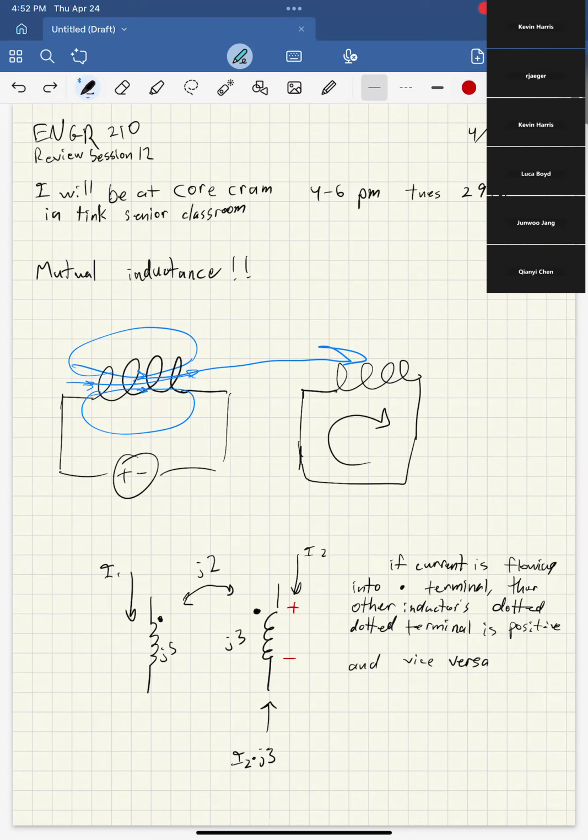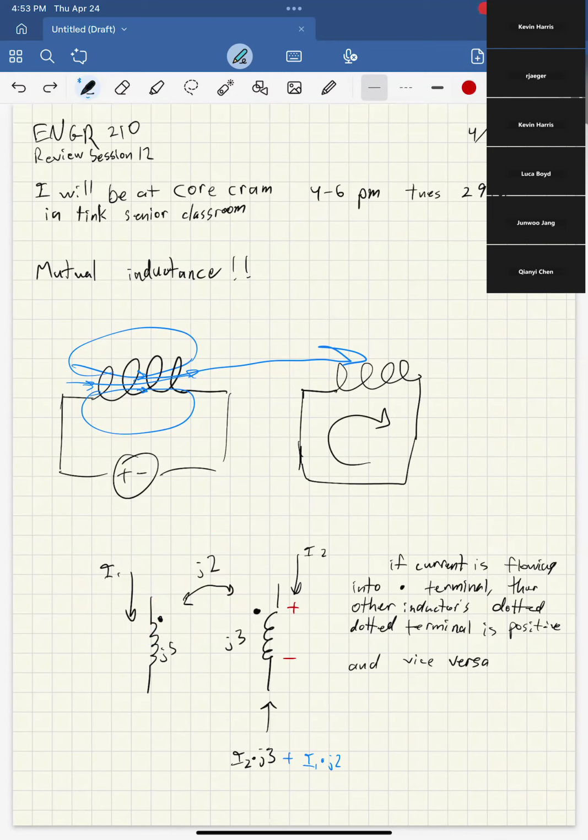The value is the current flowing through the left inductor times the mutual inductance, so this would be plus I1 times j2. We are using the other part's current and the mutual inductance as the value, and the sign is based on the dot convention.